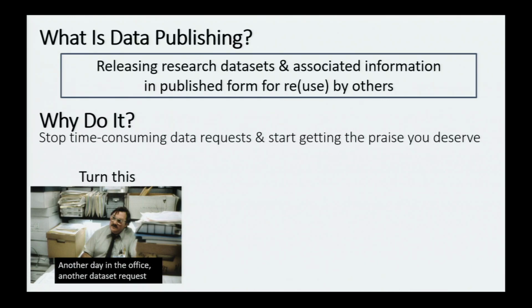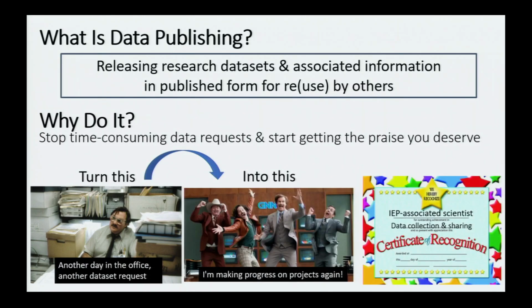And so this allows you to stop getting all of these data requests because all you have to do is refer them to your online data, and then you can start working on your projects again. So it's a good thing, and IEP is really encouraging data users to start making their data more accessible for people.